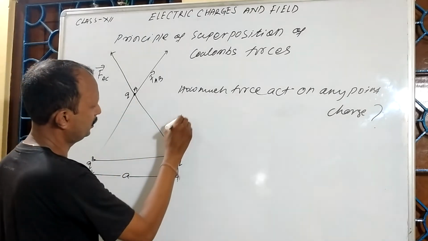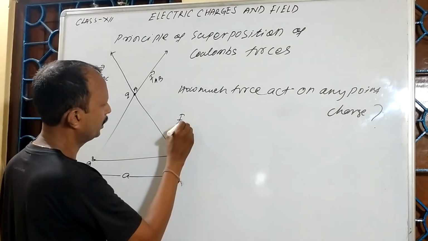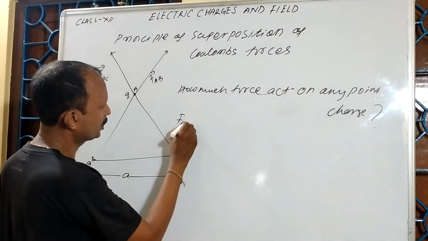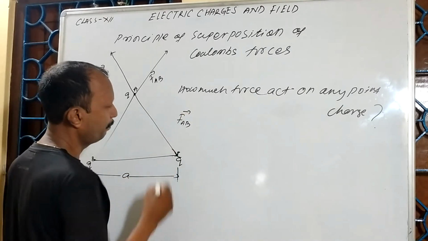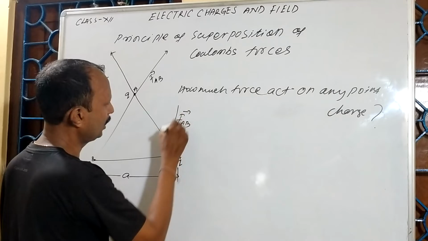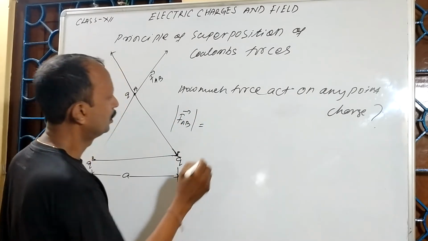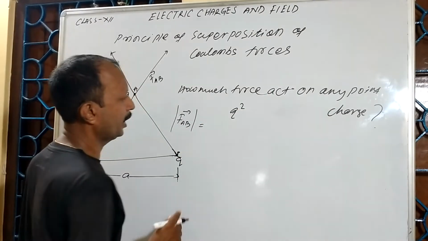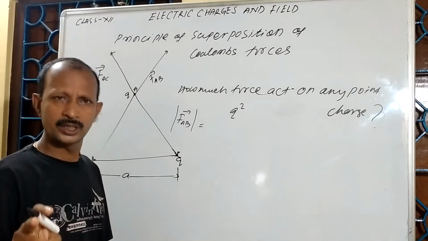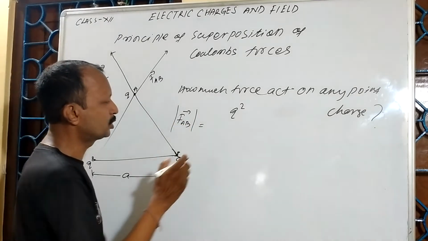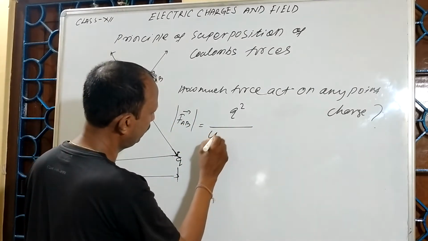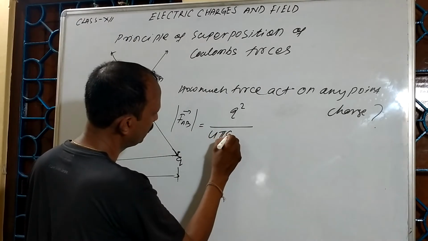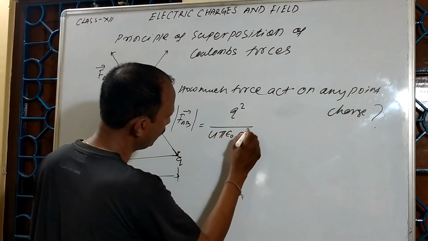So the force on A due to the charged particle at B is equal to q1 into q2, I have written q square divided by 4 pi epsilon naught a square.